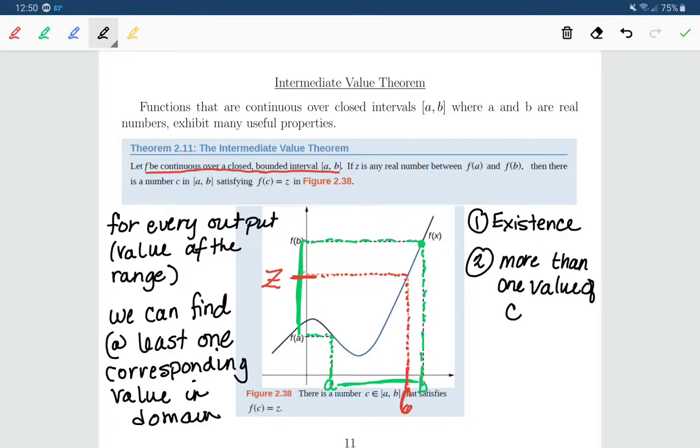For example, if I had picked z down here, then there would be a c value here, and that one looks like it's a little bit less. So if we had picked a little further behind, it could be that there is more than one.